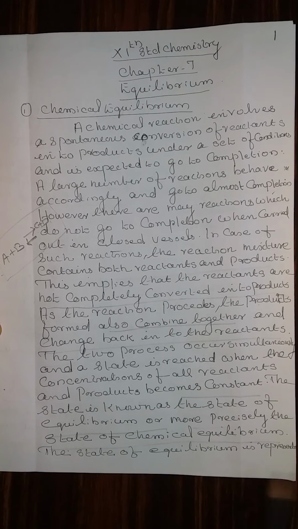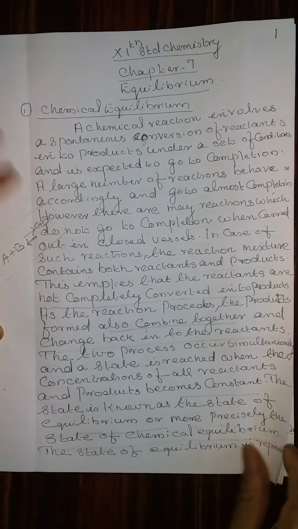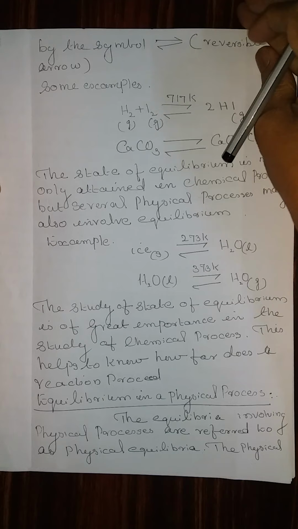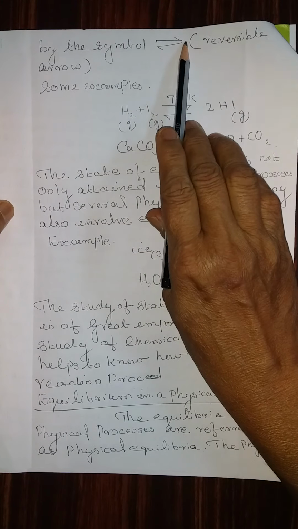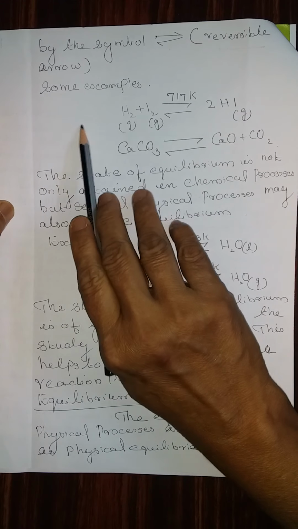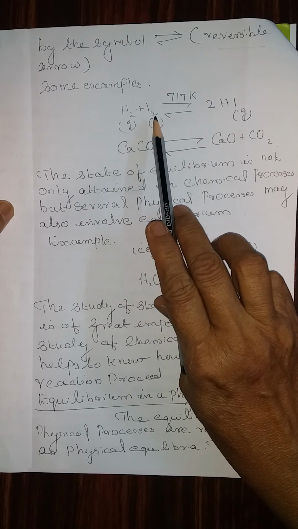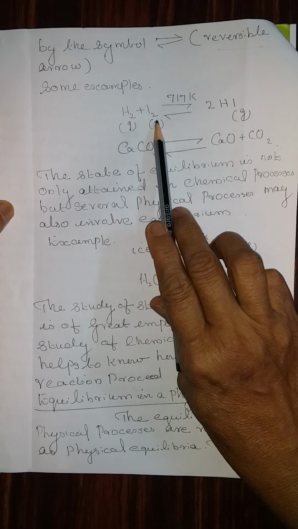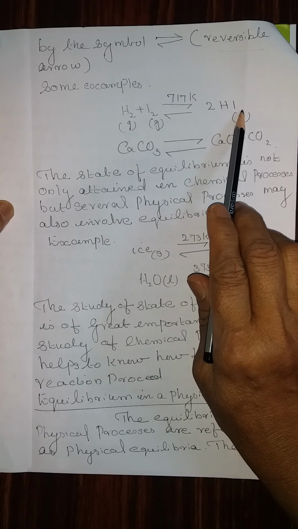Then, the state of equilibrium: what happens when an equilibrium is reached? When an equilibrium is reached, the system can be represented by a double-headed arrow like this, called a reversible arrow. Some examples: hydrogen combines with iodine at 717 Kelvin and forms hydrogen iodide.